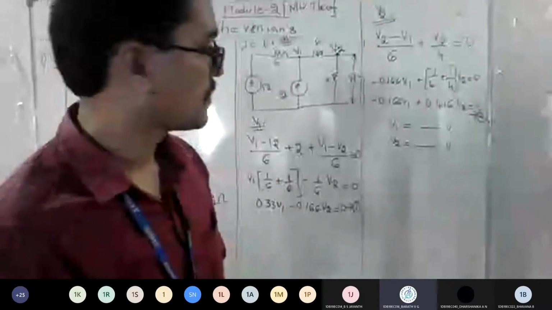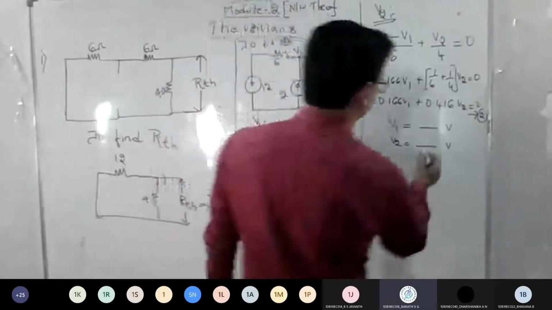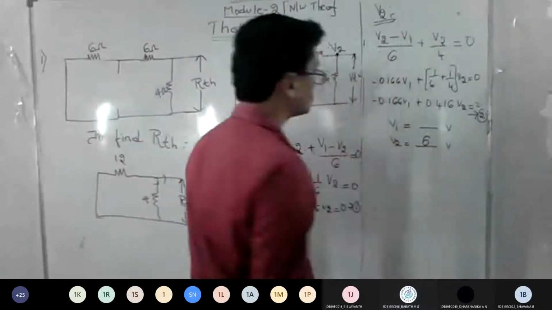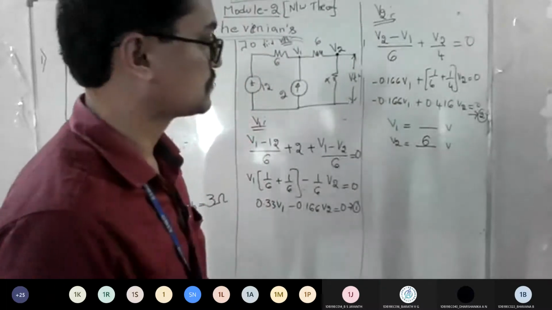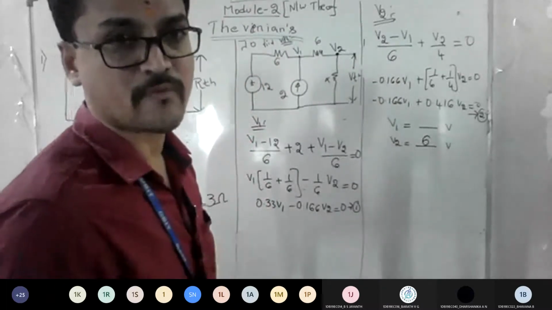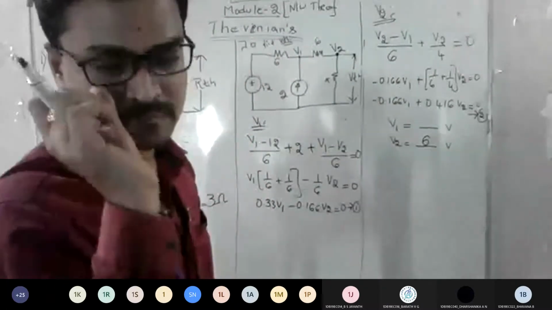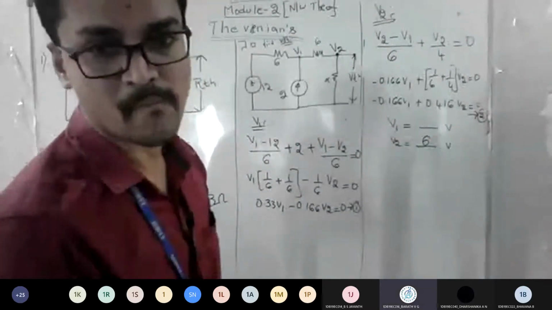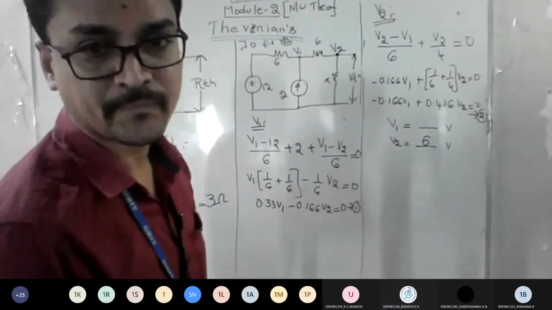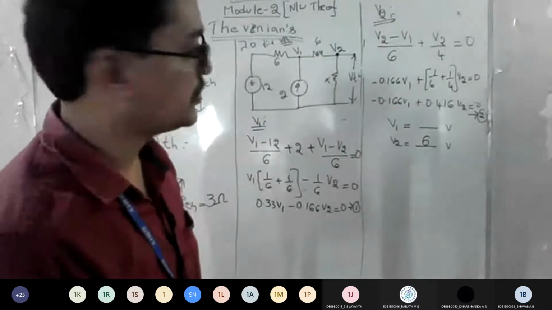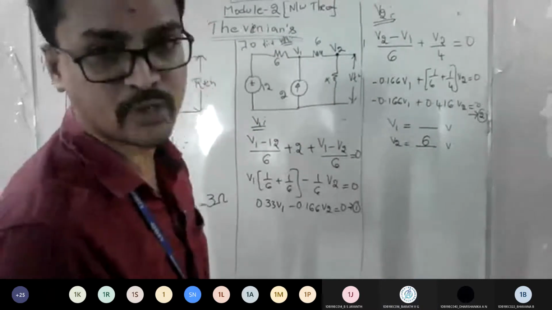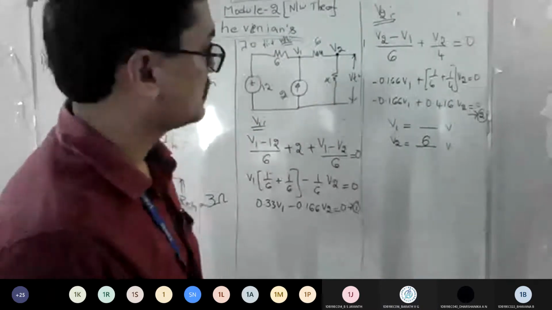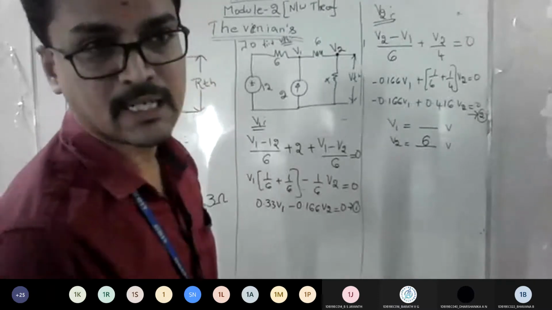V2 is it, sir? Okay. V1, I did using KVL, sir. Okay, fine, no problem. I told you answer will be same. So you got KVL answer as 2. Okay, good, no problem. So others who are doing KCL.